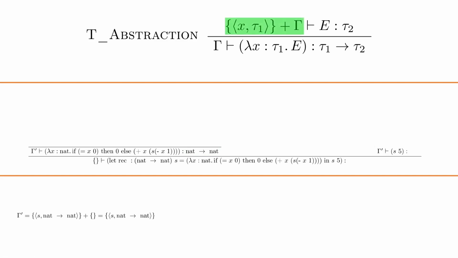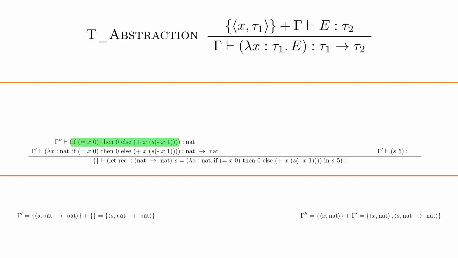From this part of the rule, we should prepend the definition of x, the argument to our abstraction, to gamma prime. Again, to avoid rewriting, I'll just place the definition here and call it gamma prime prime. So, the premise is that the body has type nat in gamma prime prime.